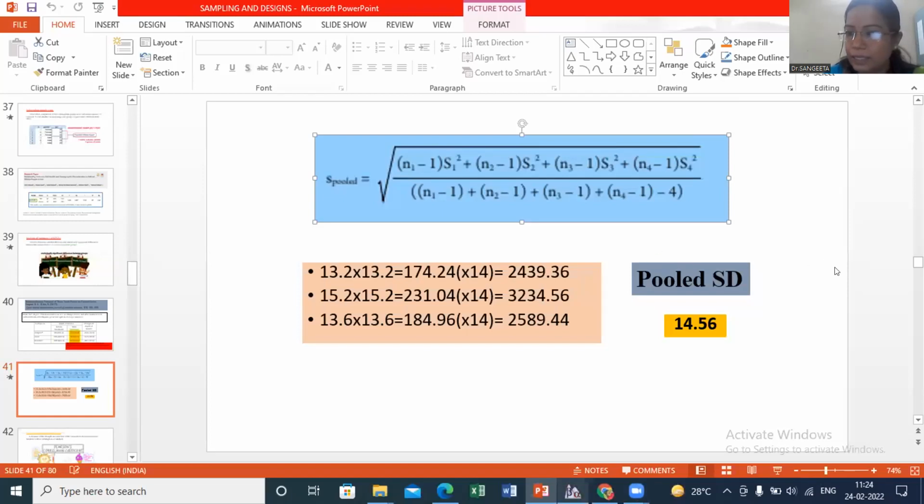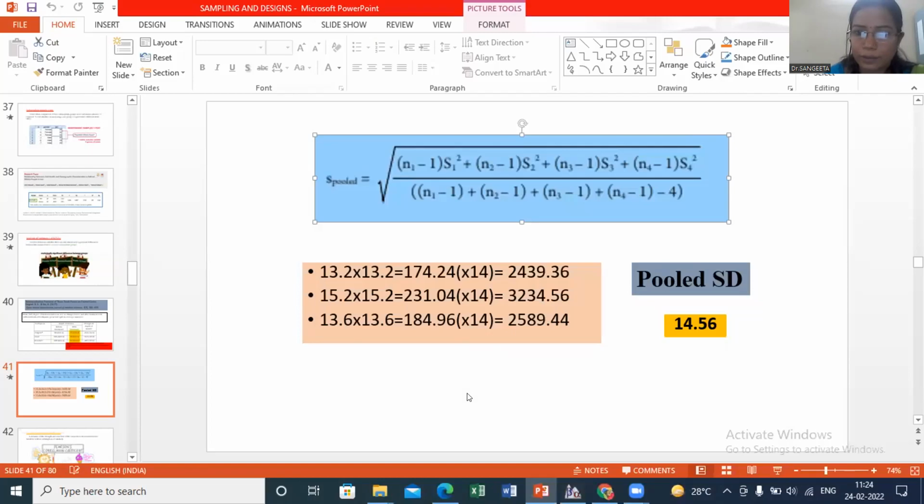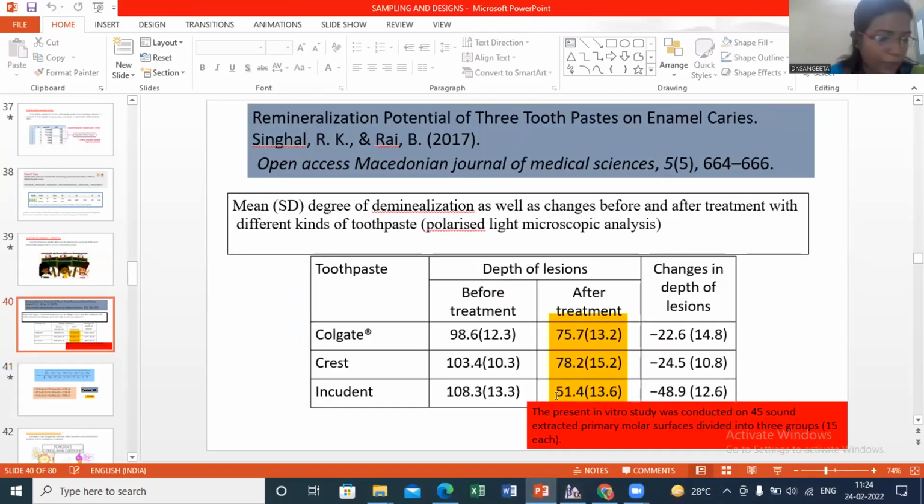Now let us enter it here. So I'm writing here 14.56. Clear? So how much was the mean for the first group? Just have a look at this. It is 75.7, 78.2 for the second group, and 51.4 for the third group.